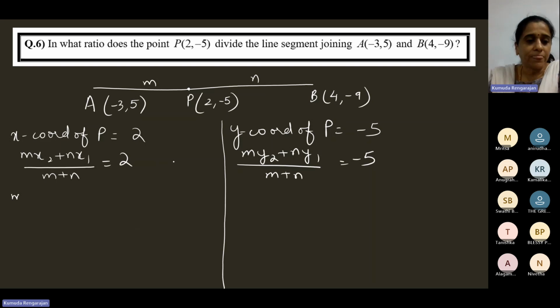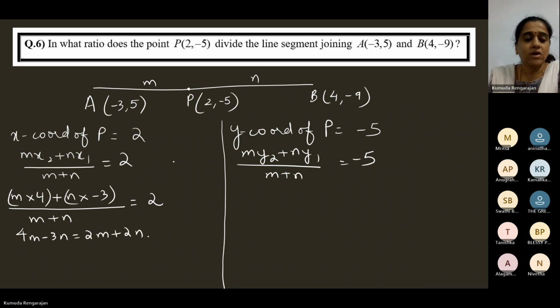Now, m into x2, 4, correct? Plus n into minus 3, by m plus n, is equal to 2. So this is 4m minus 3n is equal to, when you cross multiply, 2m plus 2n. Now have m on one side and n on the other side.